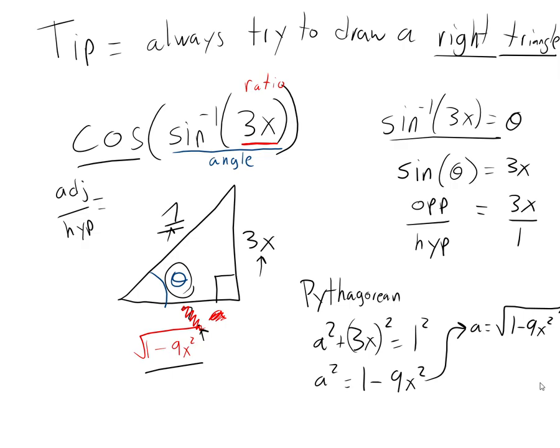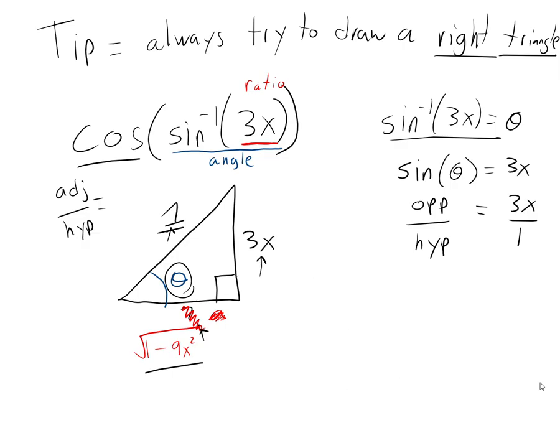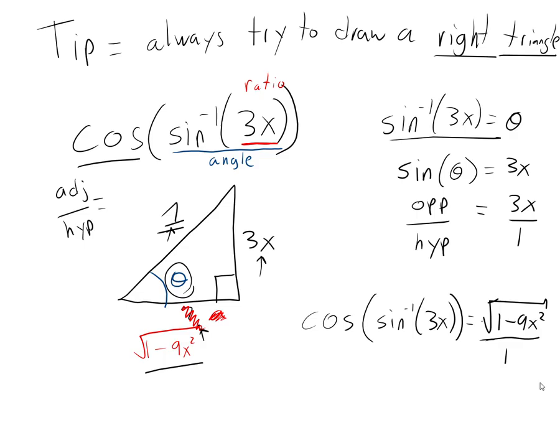It turns out that the cosine of the inverse sine of 3x is the square root of 1 minus 9x squared over 1. And you can omit the 1, it doesn't really bring anything. But the whole point is, no matter what trigonometric thing I'm trying to reduce down, you have to be able to write a right triangle to help you. That's the most important tip that I can give you for this entire section.